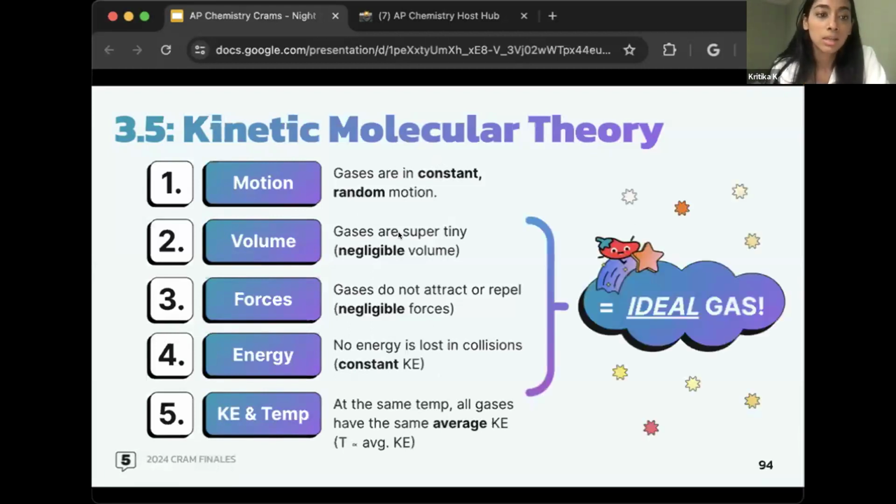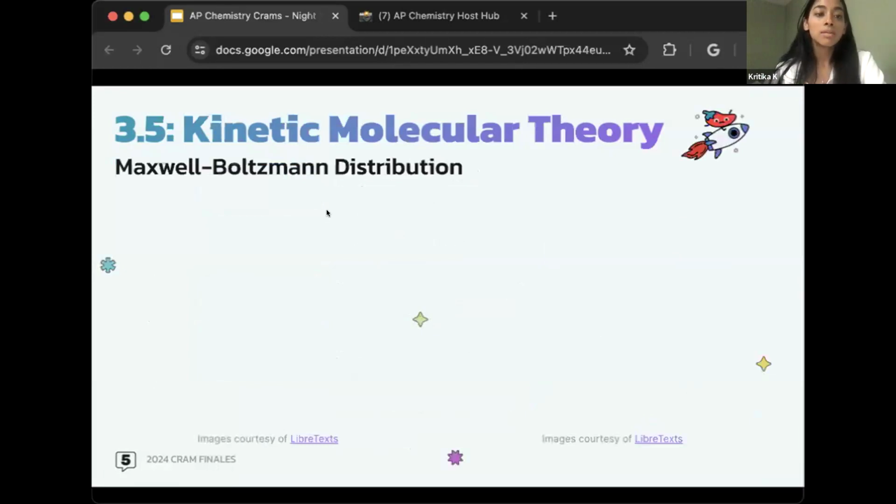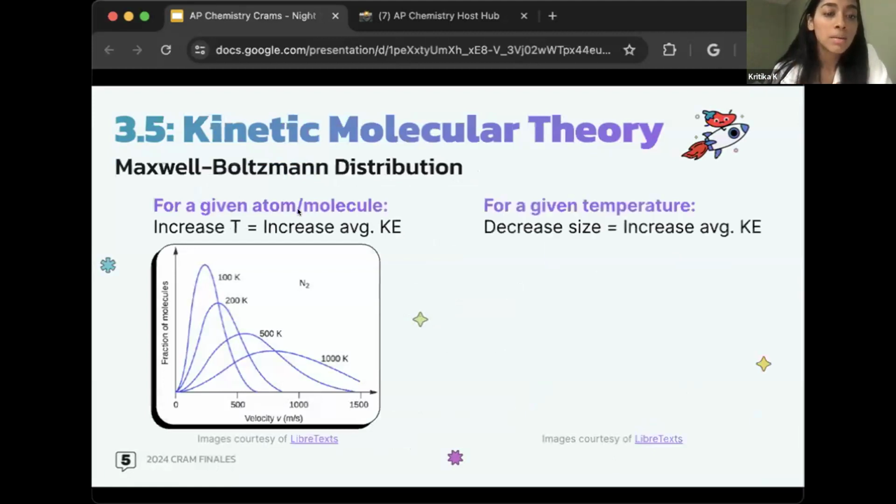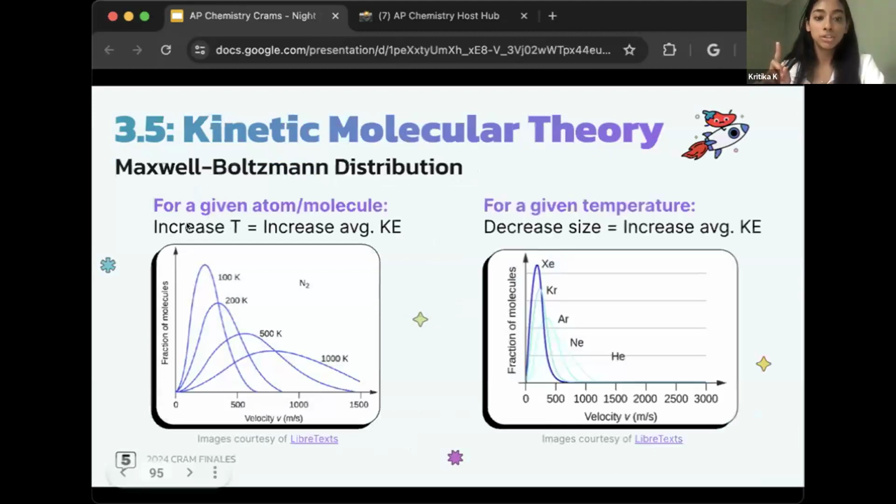Now we're going to talk about the Maxwell-Boltzmann distribution. It goes into kinetic energy. For a given atom or molecule, if you increase the temperature, the average kinetic energy will increase because the molecules move faster in a warmer environment. So if you have a colder environment, for example, where the temperature is 100 Kelvin, a higher fraction of molecules will be moving slower.